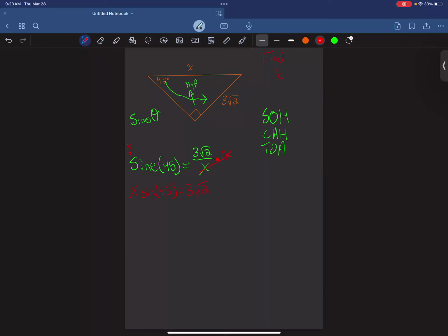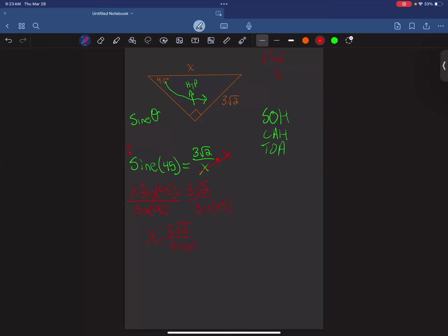What else can we do here? Well, x times sine 45, we can divide by sine of that 45-degree angle here. It goes away. We do to one side of the equal, we have to do to the other. And now we have x equals this crazy thing here.